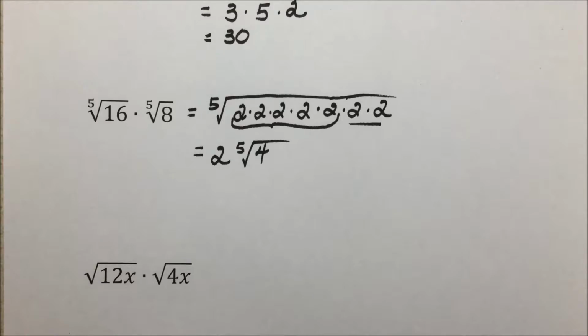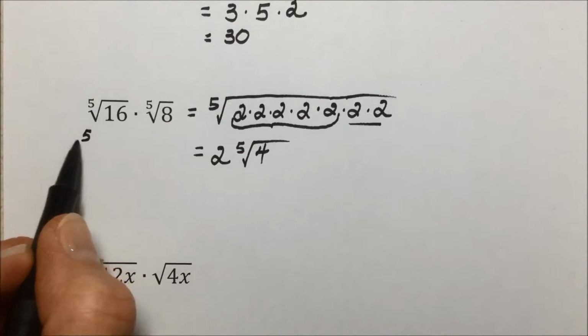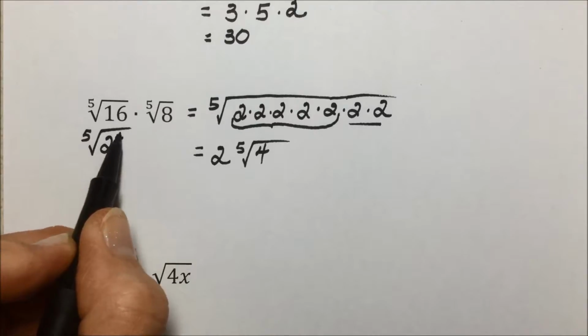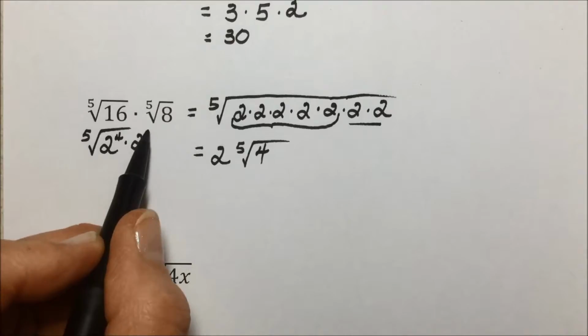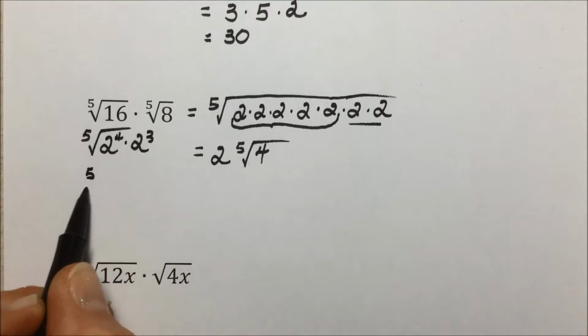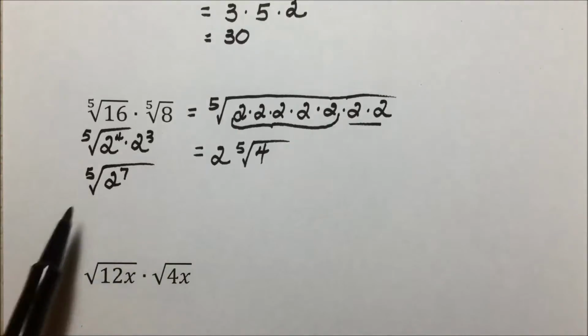The other way we could have done this is a prime factorization. 16 is 2 to the fourth power. 8 is 2 to the third power. We have common bases at our exponents, which would give us 2 to the seventh power.